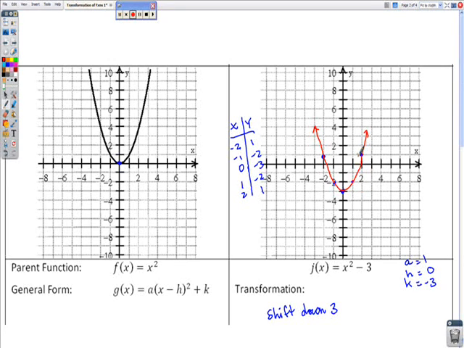That's how I get my graph. So if you think about it like that, you can actually graph a quadratic function rather quickly. If I move 1 in the x direction, I square it, and that's how far I move in the y direction. Now, what about this minus 3? Well, if I started at the origin, then I'd have to apply the minus 3. But since I know all my points are shifted down 3, I just don't worry about it. I just start at the vertex. 1, 1, great. 2, square 2 is 4.